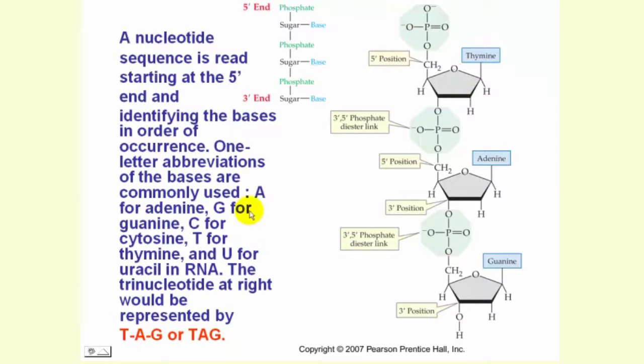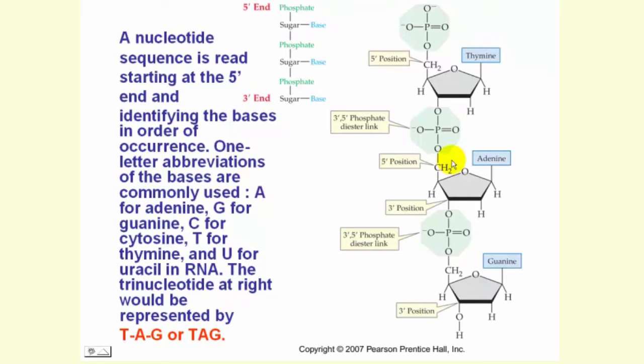So we use a capital A for adenine, a capital G for guanine, a capital C for cytosine, capital T for thymine, and a capital U for uracil in RNA. So we would represent this nucleotide here as T for thymine, A for adenine, and G for guanine. You can write these with a hyphen in between letters, or just write the letters. Either way is a good representation.